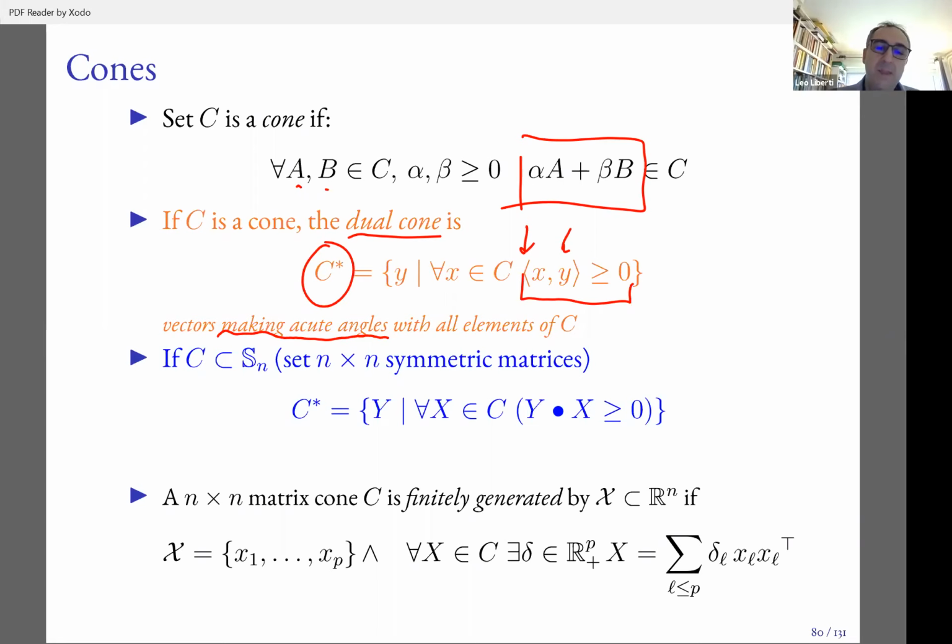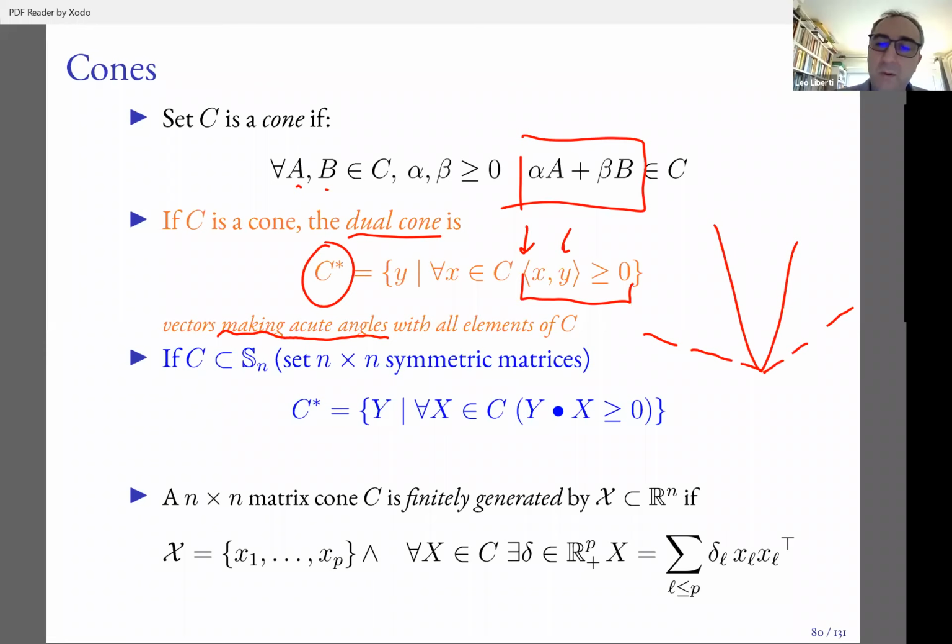So picture a cone, and then everything that makes acute angles, like this and like this.